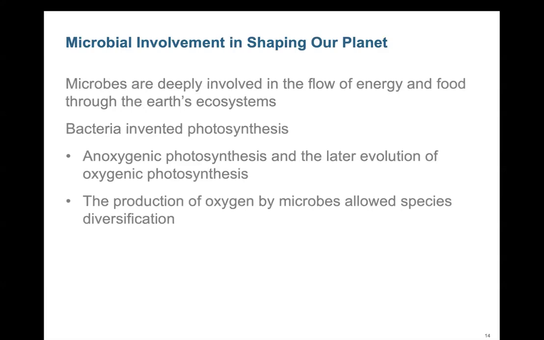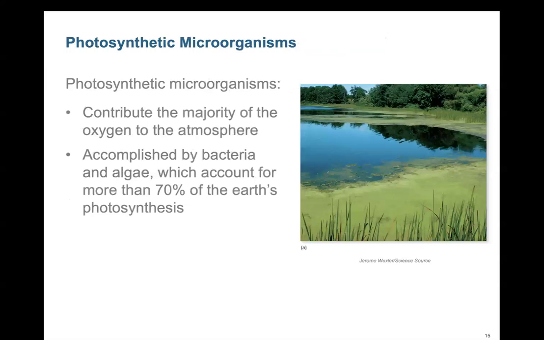Microbes are deeply involved in the flow of energy and food throughout the Earth's ecosystems. Bacteria invented photosynthesis and oxygenic photosynthesis. The later evolution of oxygenic photosynthesis, the production of oxygen by microbes, allowed species to diversify to the point where we have aerobic organisms undergoing processes of cellular respiration.